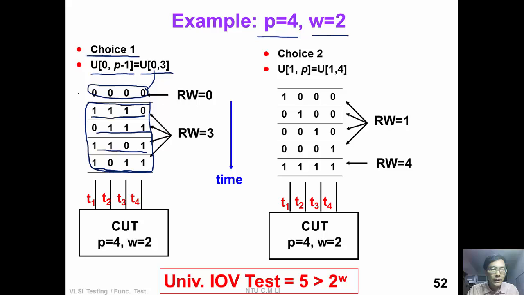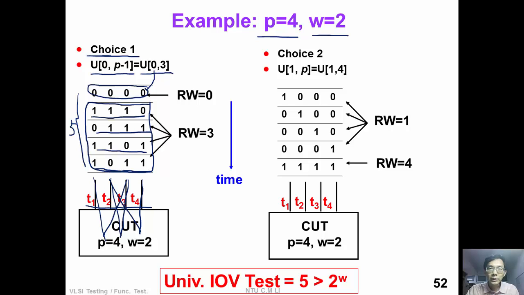The total test length is 5. If we apply this pattern to the circuit with 4 inputs, no matter which pair of the input you take, you always get exhaustive test. You can check by yourself.